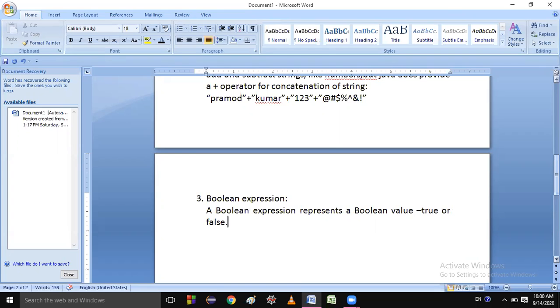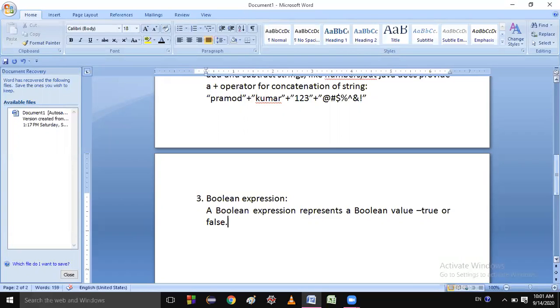In addition to the arithmetic and relational operators, a Boolean expression can contain Boolean operators.